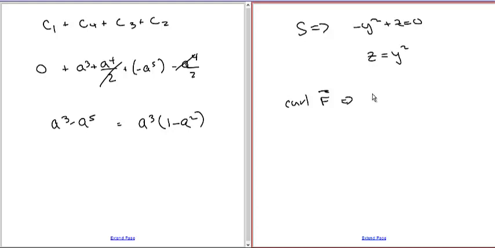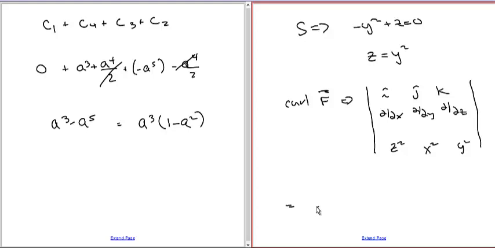To do that, we take i, j, k, partial with respect to x, partial with respect to y, partial with respect to z, and the x component of the field vector is z squared, and then we have x squared, and then we have y squared.